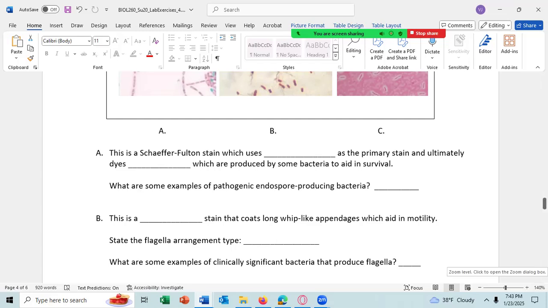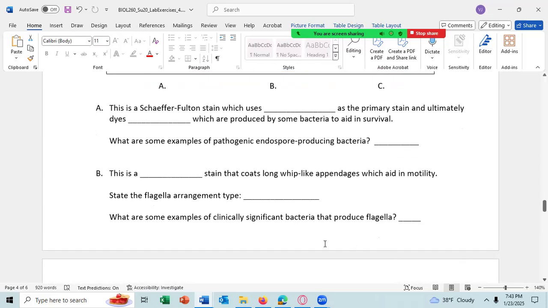And then in 5BC, what are some examples of clinically significant bacteria that produce flagella? Once again, if you give me an AI answer and it's different from the lab module, I will mark it wrong. So make sure you get your answer from the lab module.